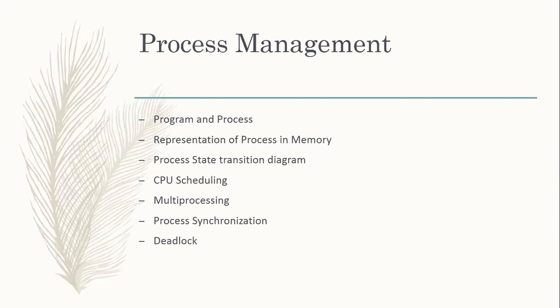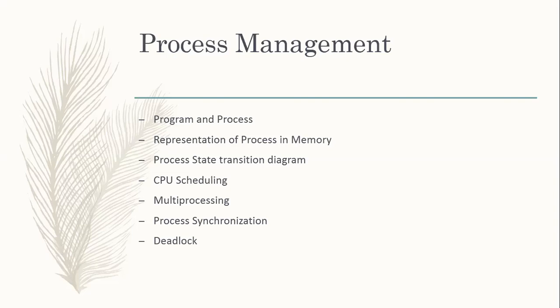Then, once we want to execute multiple processes, if I have one CPU, then I need to schedule processes in certain ways so that I can execute multiple processes. How to schedule my processor, we are going to understand in CPU scheduling.